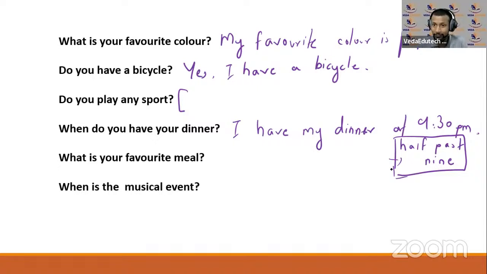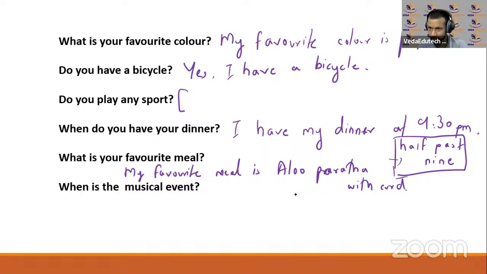My favorite meal is for the breakfast. I generally, I mean, you can write like this. ऐसे कह सकते हैं. Okay. My favorite meal is aloo paratha, anything you can tell, with curd.